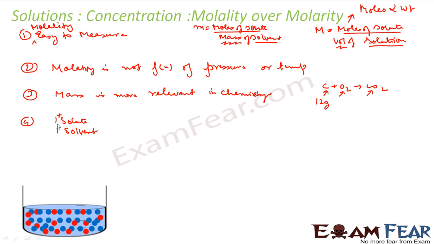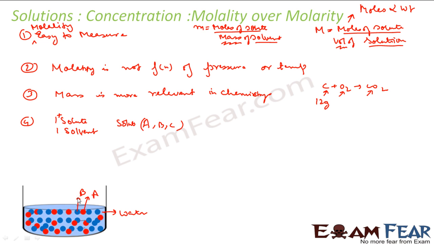So for example, I have solute A, let's suppose solutes A, B, C. In this case, let's suppose water is my solvent. I am not showing any water molecules here. In my solution, there are 2 solutes. The one in red is A and the one in blue is B. There are 2 solutes.